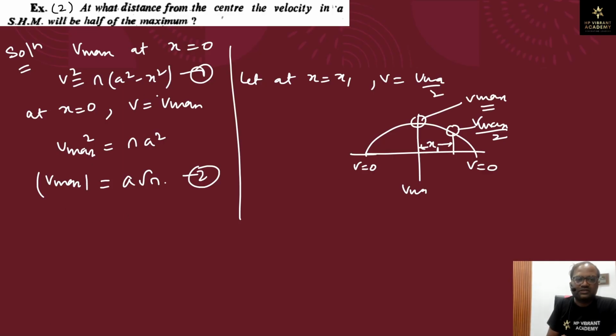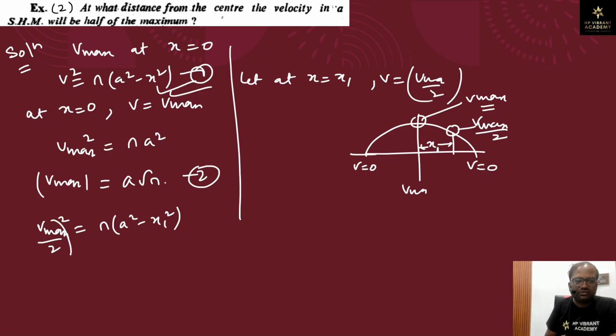Let us put x is equal to x1 in this particular expression. At x is equal to x1, we have v max upon 2, so v max upon 2 whole square, that is v max square upon 4, is equal to mu (a square minus x1 square).